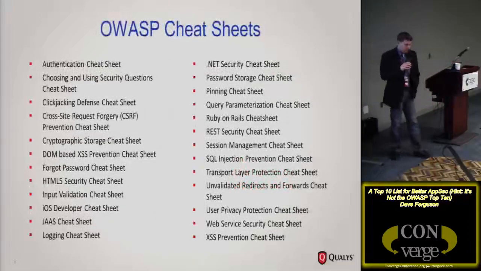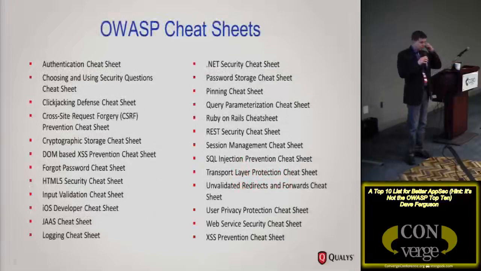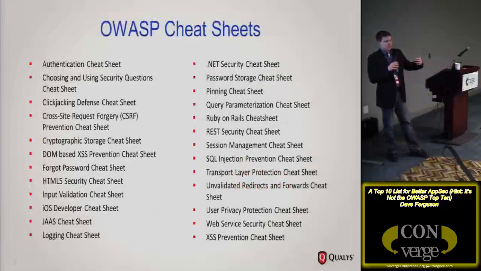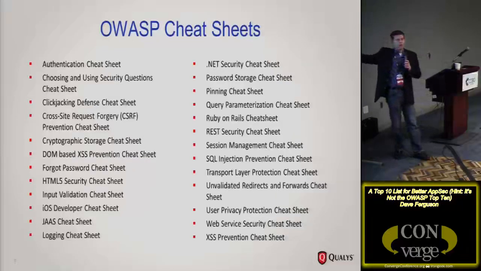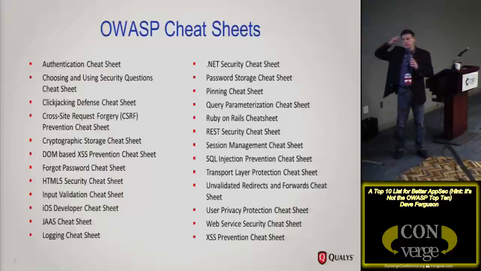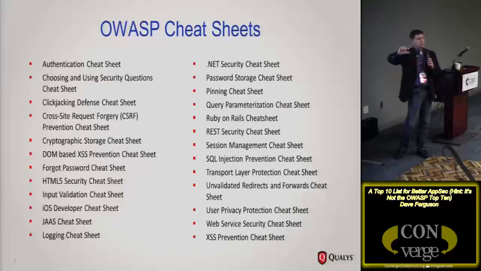So I did want to mention also that for the proactive controls, there's really a lot of supporting documentation for implementing the controls, and the vast majority of that is going to be found in the OWASP cheat sheets. I didn't even list them all here, but there's a very large number of cheat sheets on different topics.